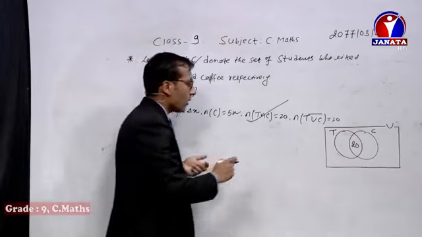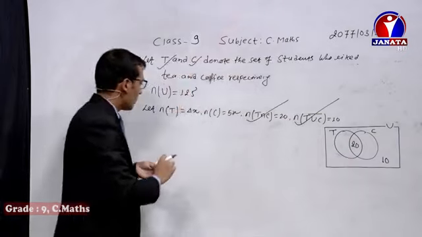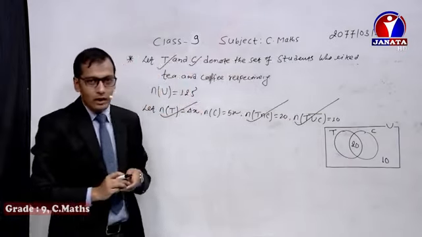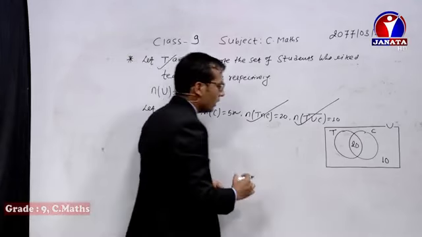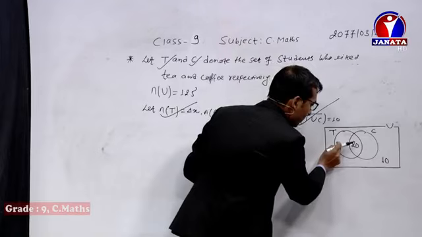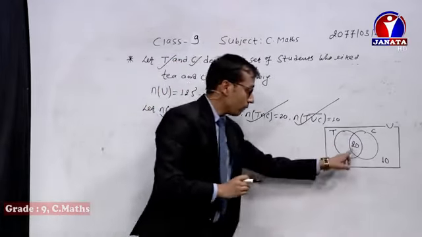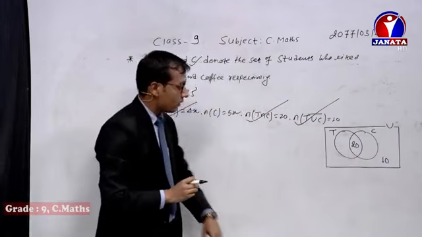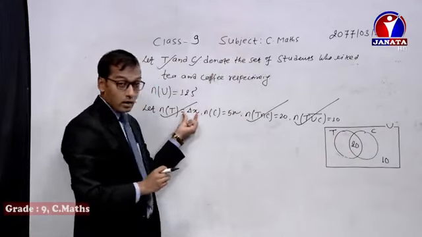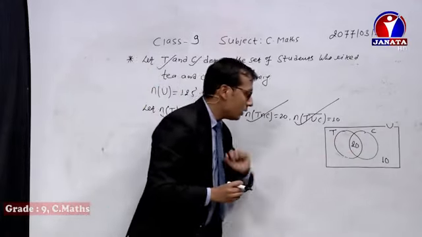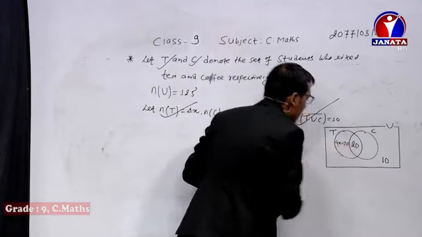Similarly, what is the complement? The complement we can directly insert here. It's 10. What is n of T? n of T is 4x. But here, n of T includes two different regions, n only T and the intersection. So if we deduct the intersection, 20, from 4x, we obtain n only T. So n only T is 4x minus 20.